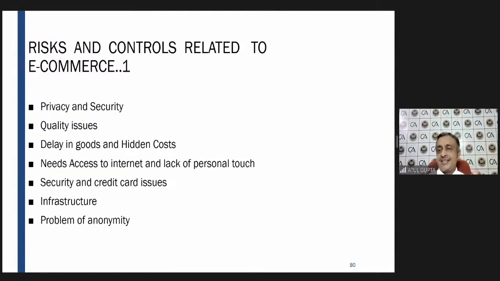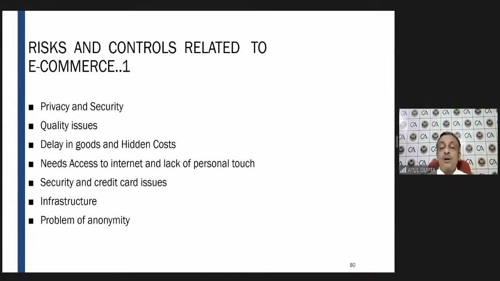Quality issues. Yes. The product ordered and the product received. Delay in goods and hidden cost. Now, because we have all learned e-commerce, now we are attuned, oriented towards e-commerce. So today, this hidden cost is not a big issue. Still, it is an issue.